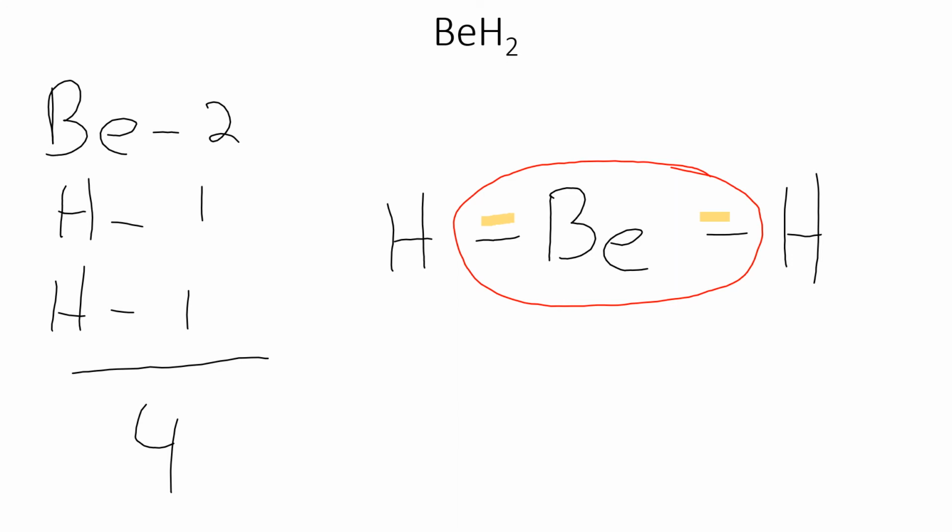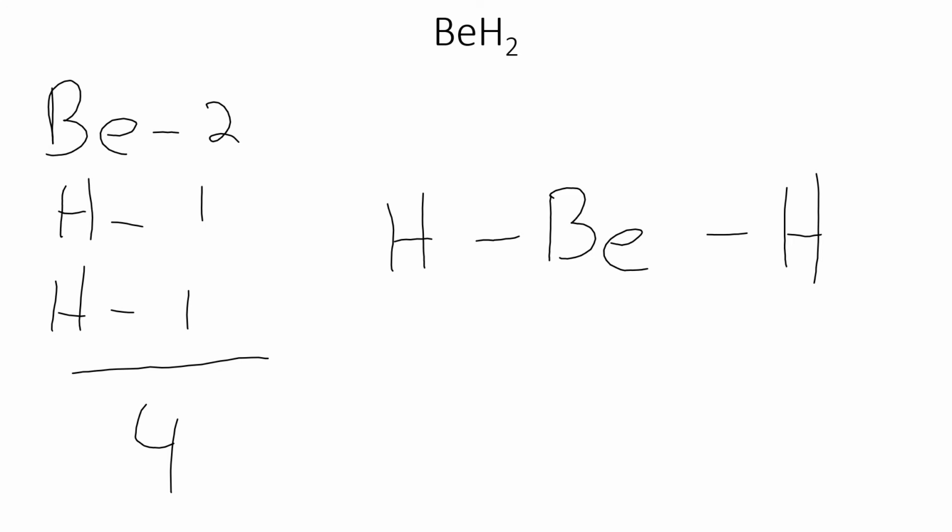So beryllium, we saw, is in group 2A. We saw our rule from the previous slide that things in group 2A can have deficient octets. And there's no way in the world I could get 8 electrons around the beryllium when I only have 4 total valence electrons.